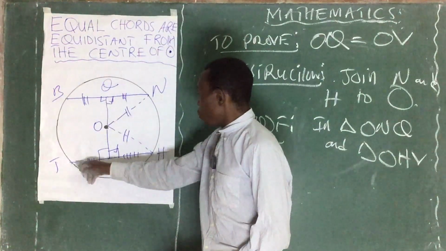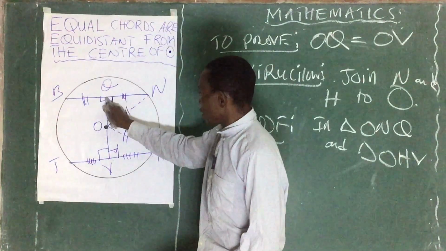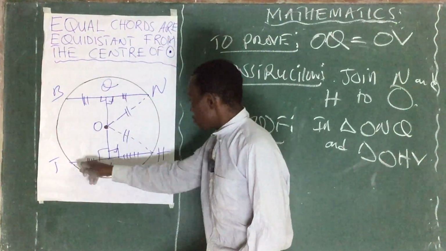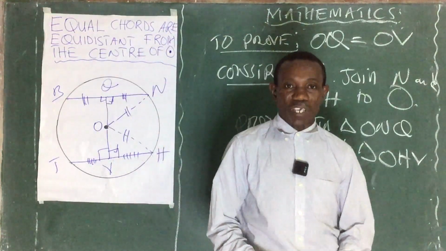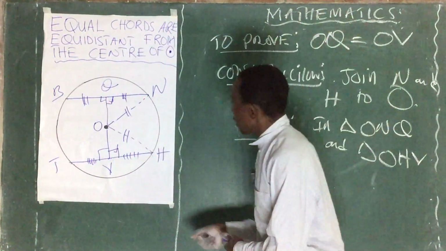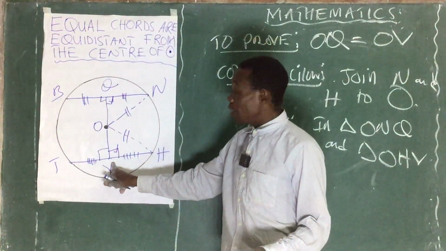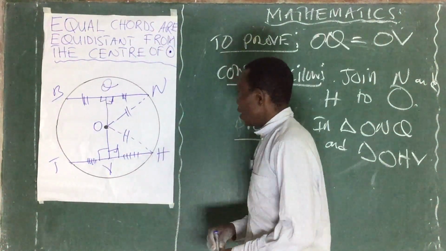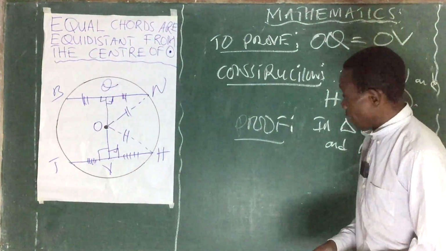These are equal chords. BN is equal to TH. So if this one is bisected, the two parts are equal, and this one is bisected, the two parts are equal. It means all the four parts must be equal to each other. Right. So we expect that QN is equal to HV in the other triangle. Right. So let us write that. Then we decide what test we are going to use in this case.